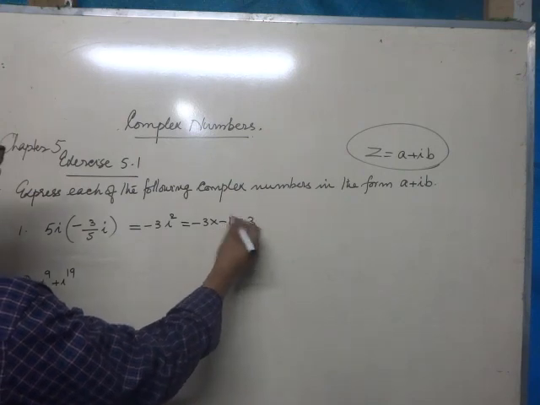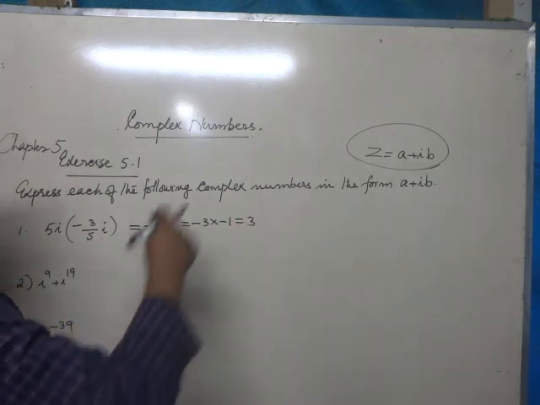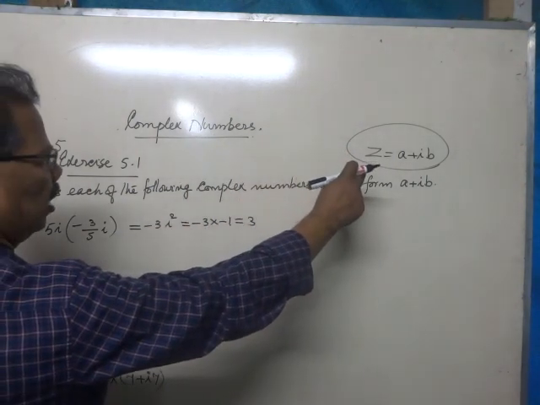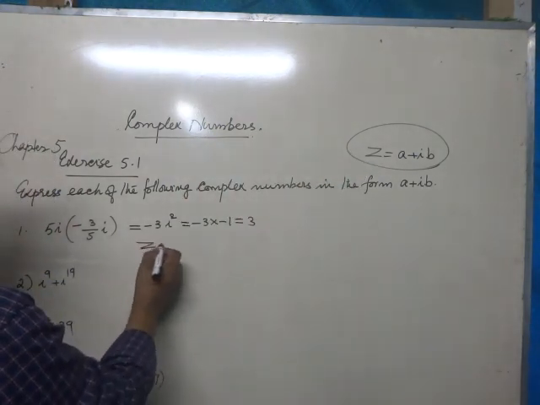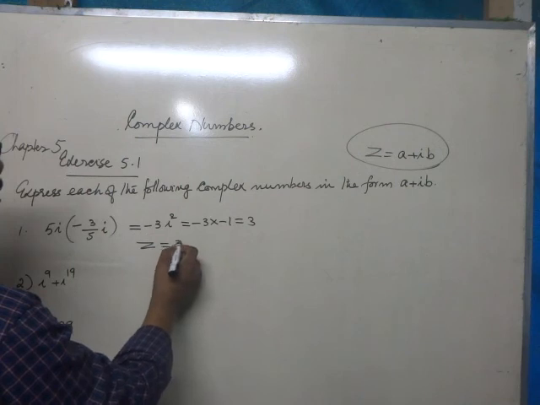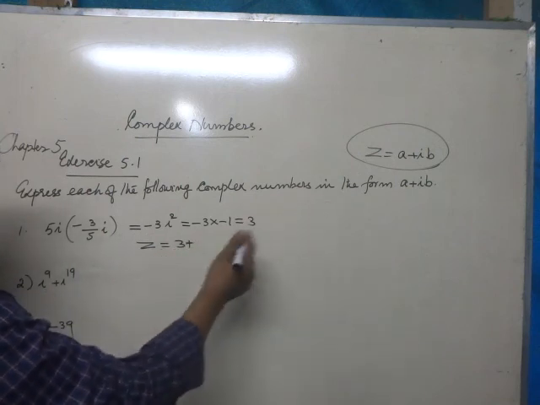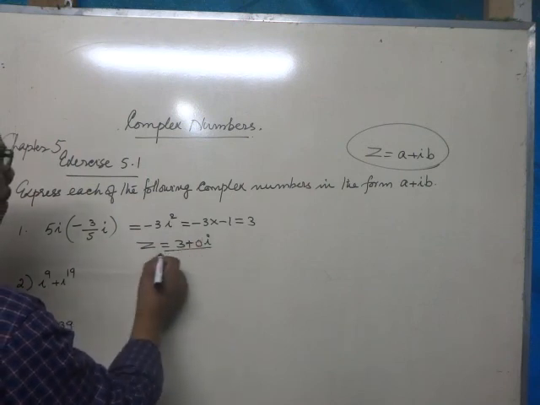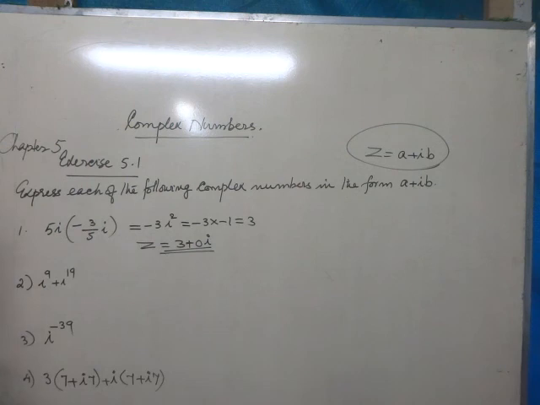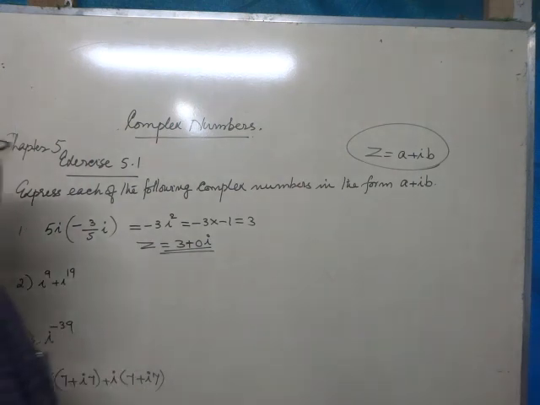Answer is 3. It should be expressed in the form Z equals a plus ib. Now we can write it as Z equals 3 plus imaginary part has reduced to 0, therefore 0i. The answer is 3 plus 0i.